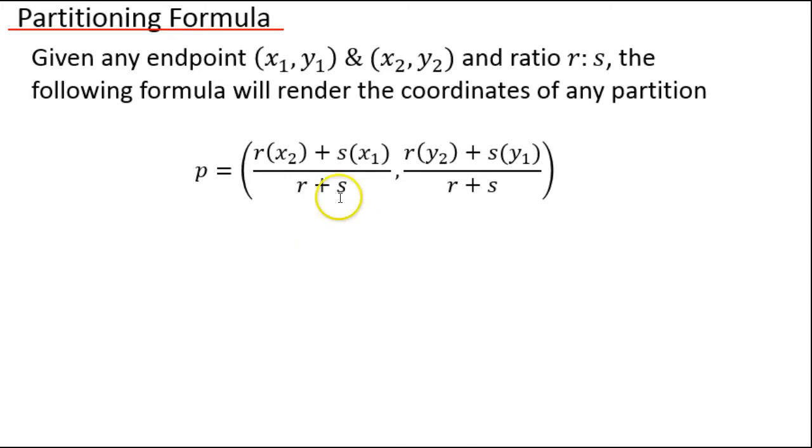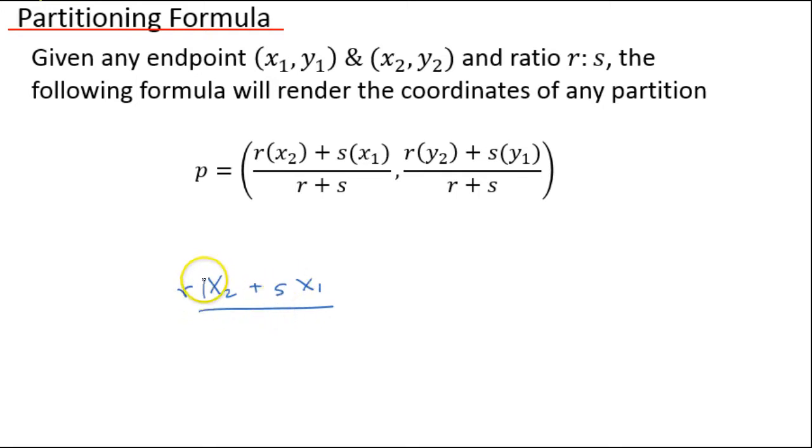Now, the easy way to remember this formula is we're just taking the x2 plus x1. So that's the same thing as our midpoint. So we actually derived this in class, or you guys did it as a group. We had the x2 plus x1. The only difference is instead of dividing by 2, we're dividing by this r and this s.